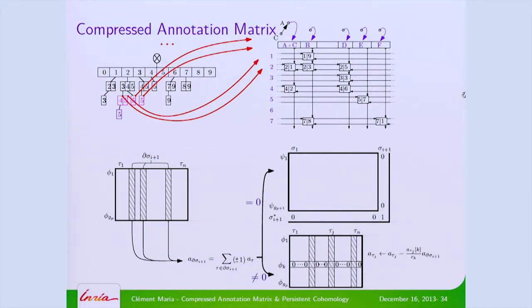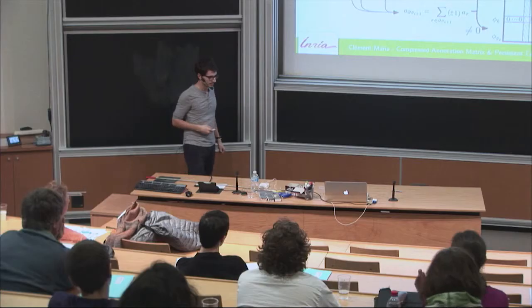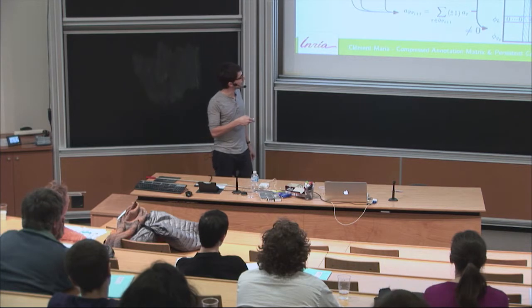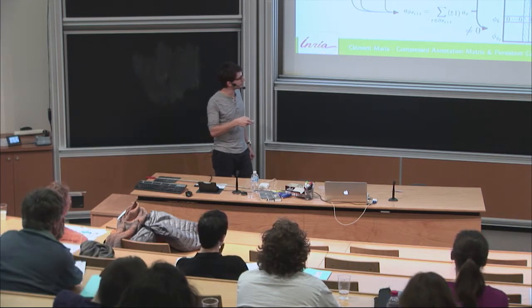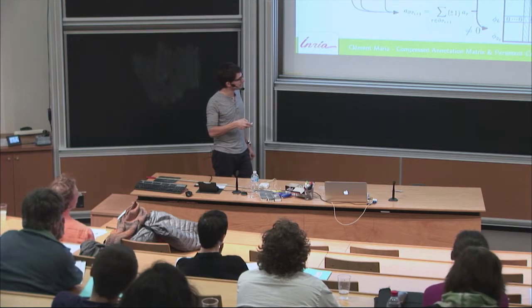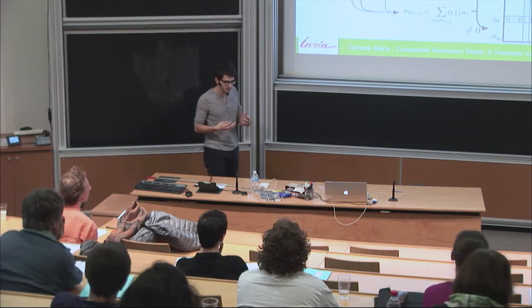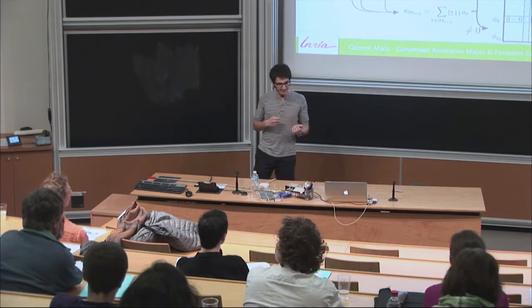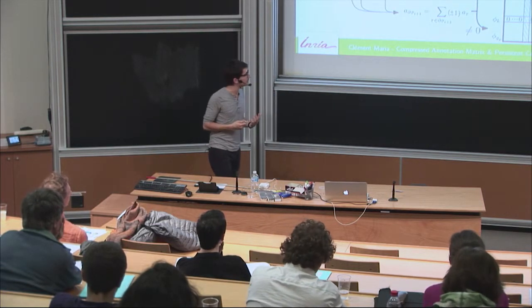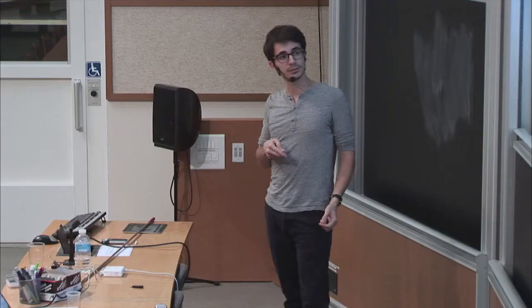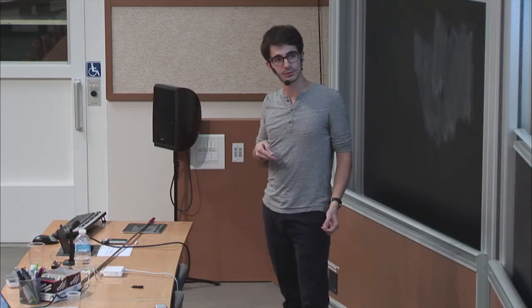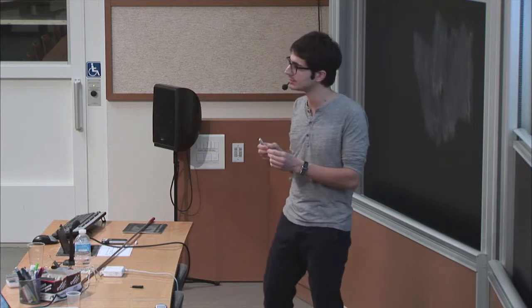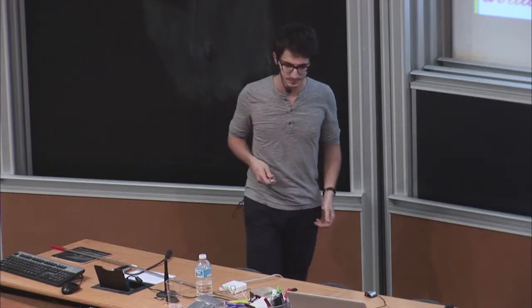So you can find, thanks to the transversal pointers, all the non-zero values of phi k, and then sum this element to the corresponding columns. This way you have a very sparse, sensitive implementation of your algorithm, because you don't need to traverse all the zero values, and you just directly go to the non-zero values you want to reduce.